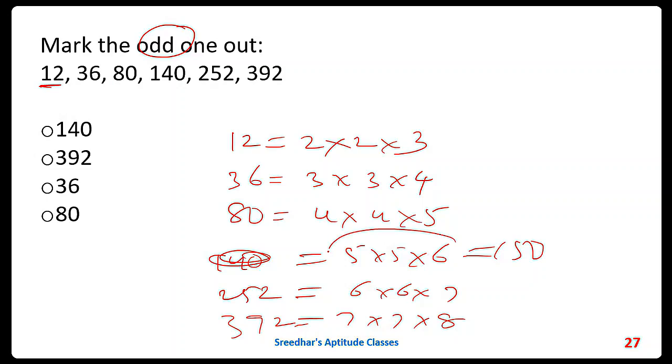But here 5 into 5 into 6 should be 150, but it is given as 140. So 140 is the odd man out in the given series. The rest of the numbers follow a particular property, but not 140. So that is the answer. Right. Is this clear? Yes. Next question.